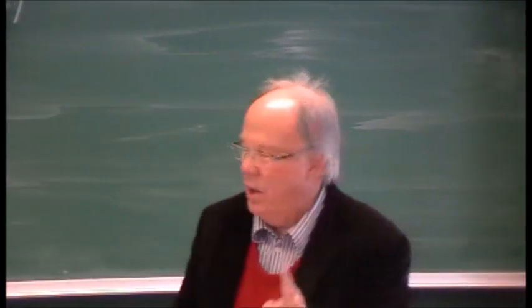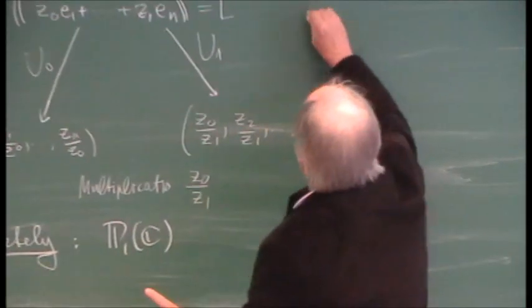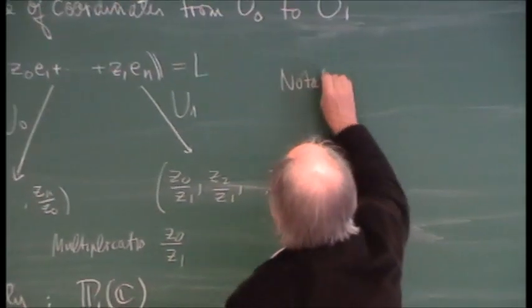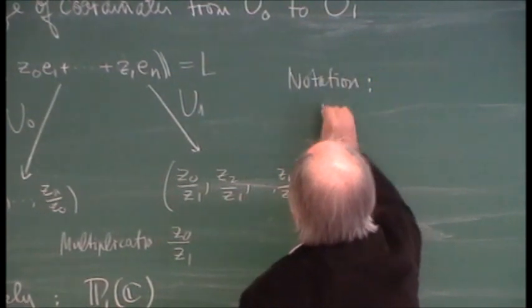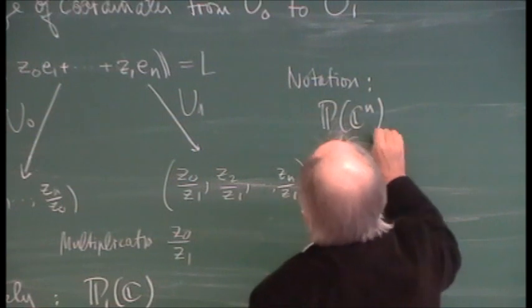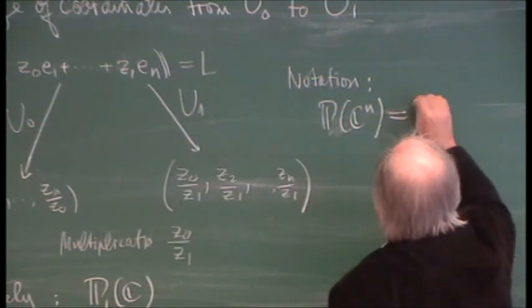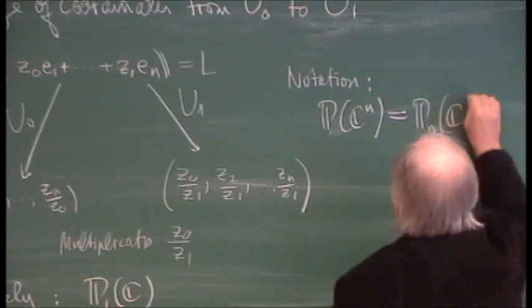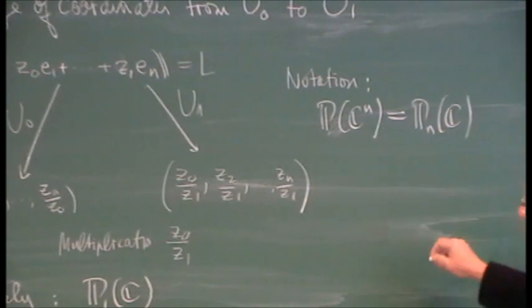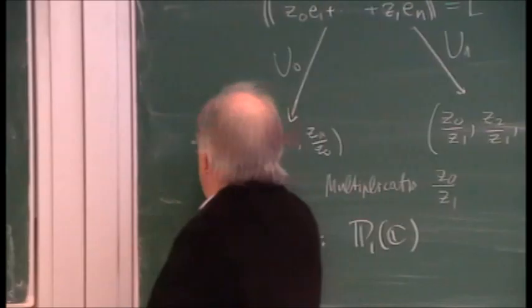Maybe I should say this about notation: if you have a basis here, we write P of Cn, because we've identified this thing with Cn, and we often write this as PnC, the complex projective space. It's n-dimensional, obviously, because these values here are in Cn.